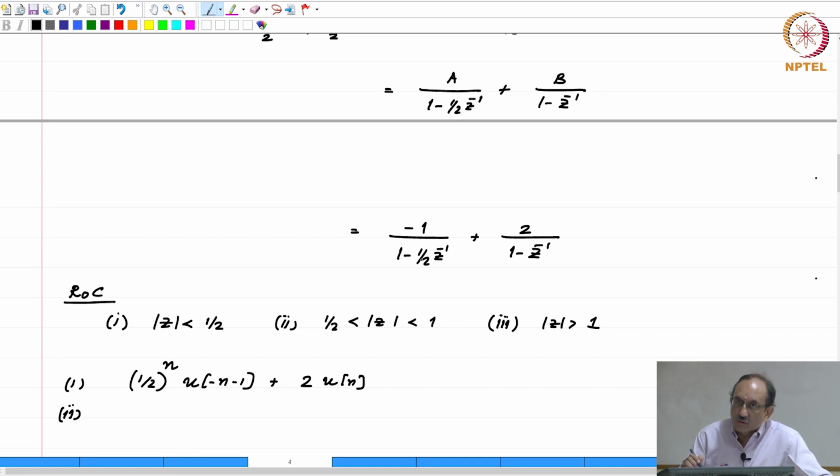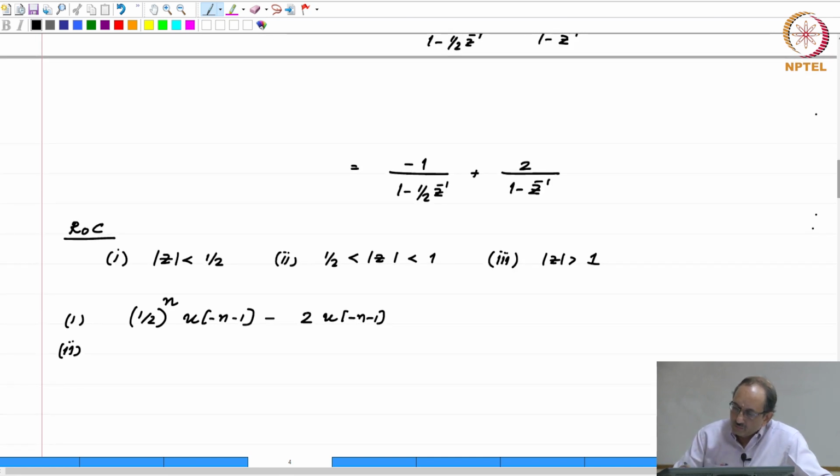Okay, so you remember both sequences are left sided. So there is a minus sign here. Therefore, the corresponding time domain sequence is this. Because this is left sided, its inverse Z transform is really half to the n u of minus n minus 1. The second one there is a minus sign, u of minus n minus 1.